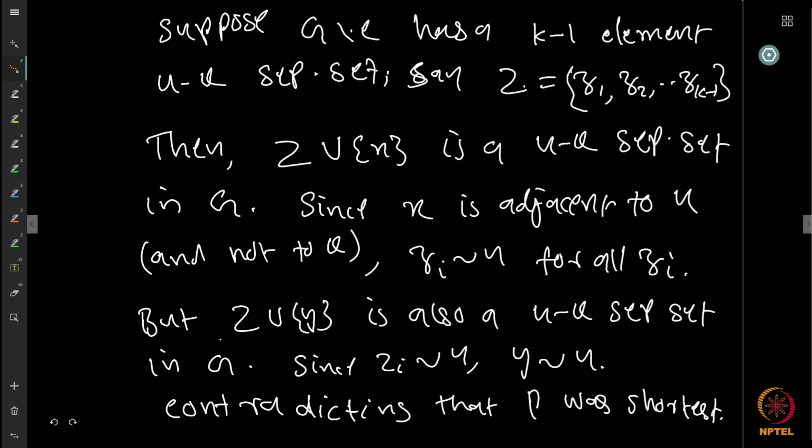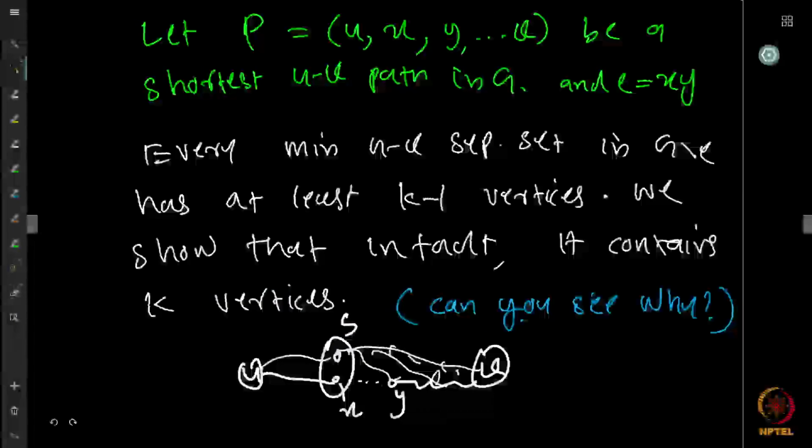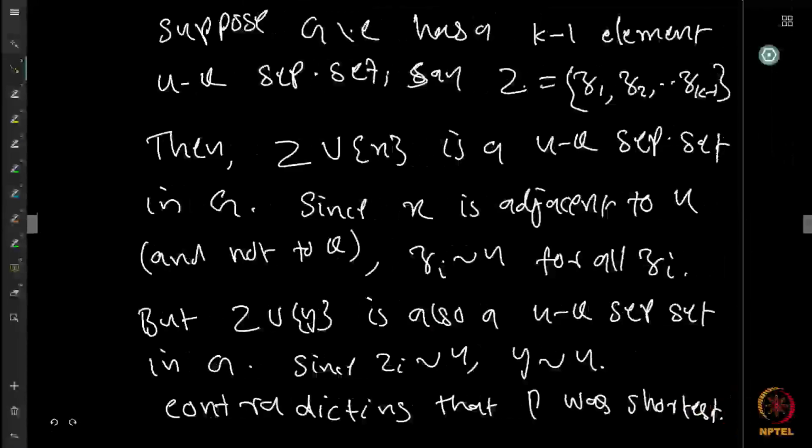Okay, so if I look at Z union Y, this Z union Y is also a UV separating set, because once I remove Y, again I remove the edge XY. So G minus Y, as we just noted earlier, G minus X, similarly G minus Y, is also a subgraph of G minus XY.